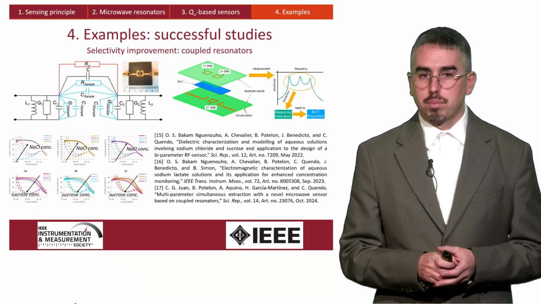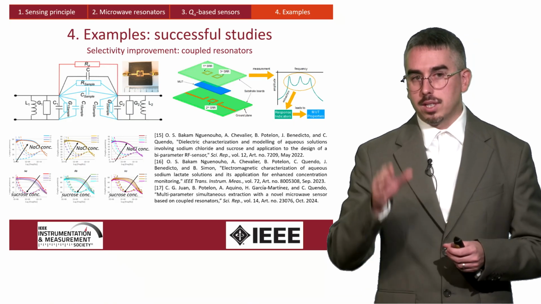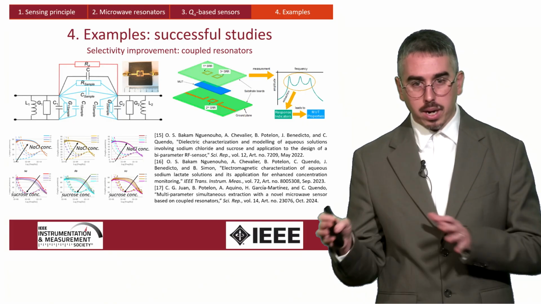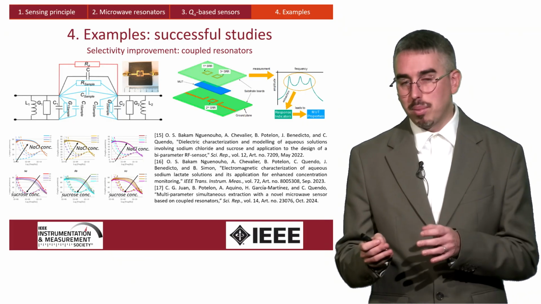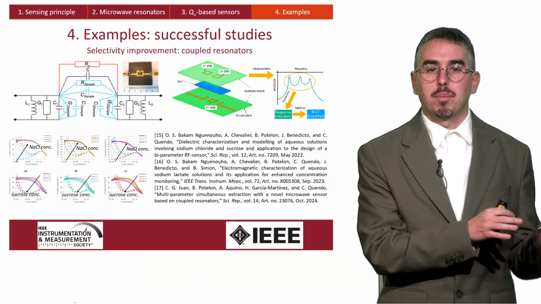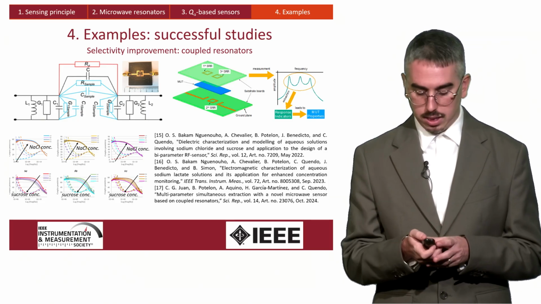Other approaches propose the use of several frequency measurement points so that we can separate effects in the sample appearing at low frequencies and effects in the sample appearing at high frequencies.